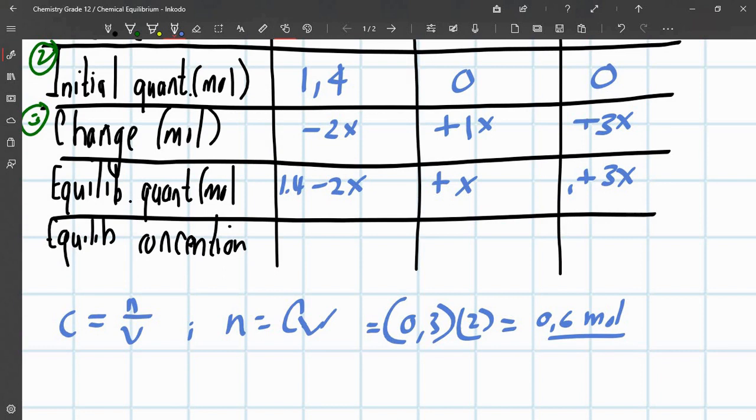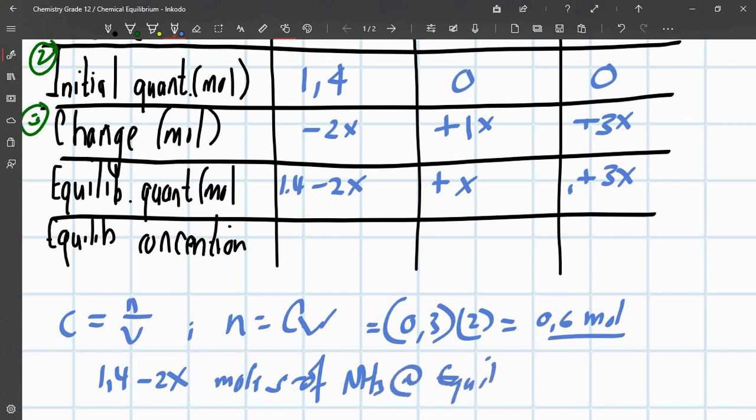That's quite straightforward and simple. So from the RICE table we see that there are 1.4 minus 2x moles of NH3 at equilibrium. You can see right from here, this is where we're checking from.